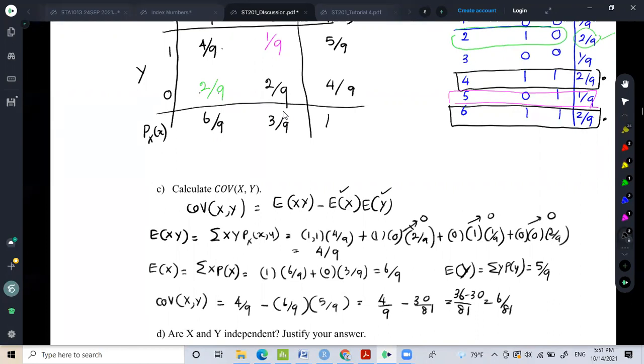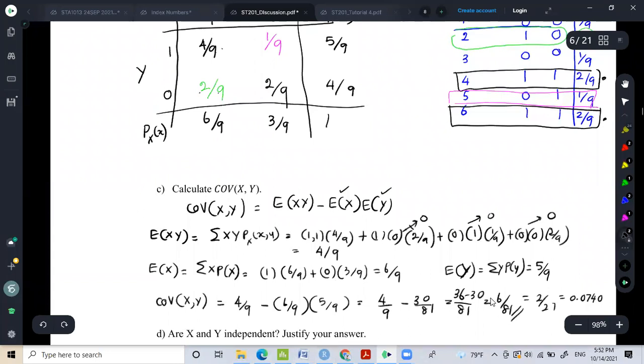Yes, 2 over 27. You got it, Imangi. Okay, so if you want, you can leave it like this. If you want, you can simplify. It doesn't matter. Any of these answers will be acceptable. If you want to simplify this, I guess it is 0.0740. I guess this is correct. Anyway, you can leave the answer as a fraction or a decimal, simplified, doesn't matter. All these answers will be acceptable.